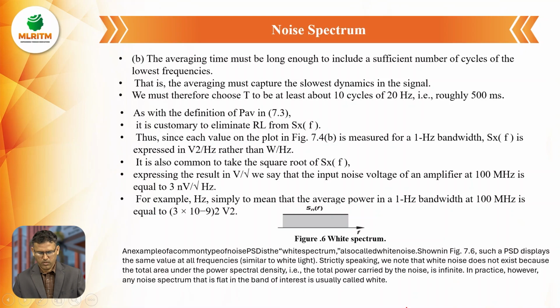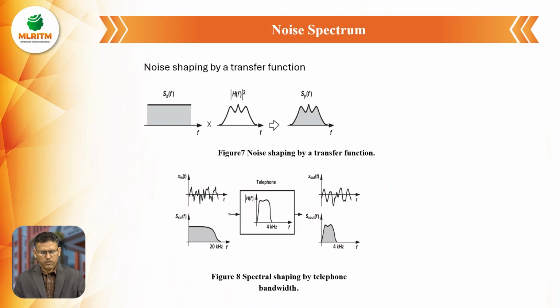It can also be represented in terms of white noise. We consider plain signals. You can observe the spreading level of the noise spectrum, which we can represent with respect to the white spectrum, that is the additive white Gaussian noise spectrum. Now we can observe the shaping by the transfer function of the noise.